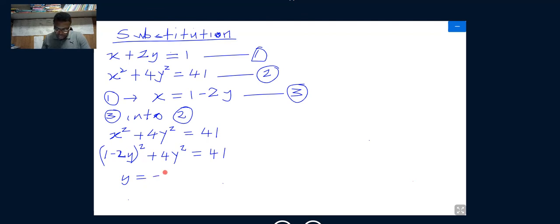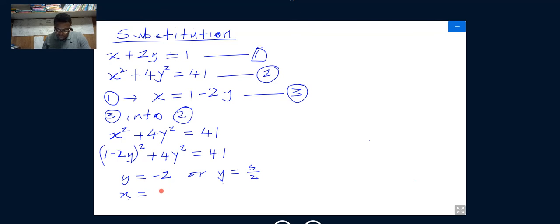So for the value of y, we're going to get y equals -2, or y equals 5/2. And then you substitute. You will get x by substituting this value -2 in this equation.